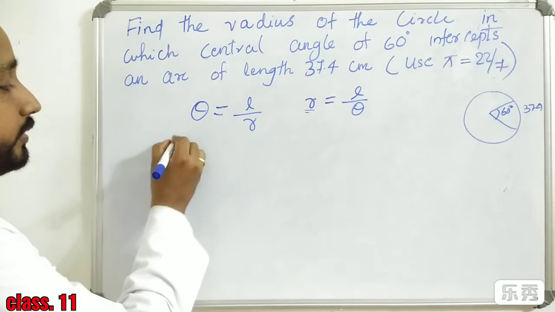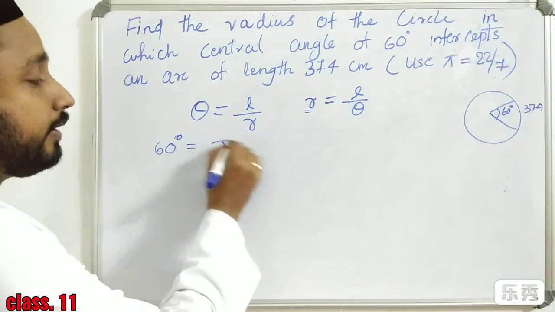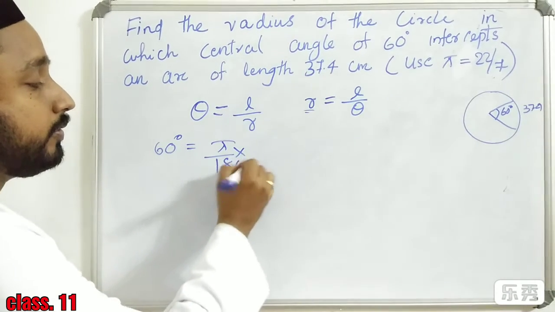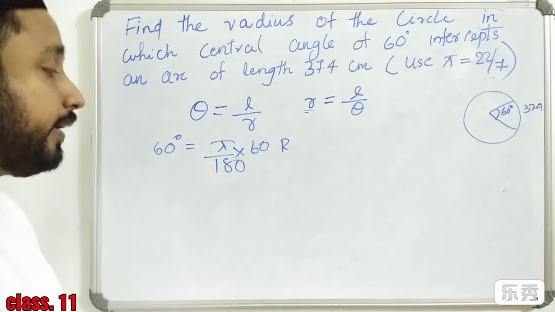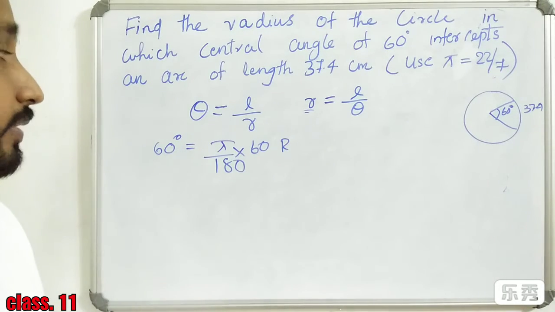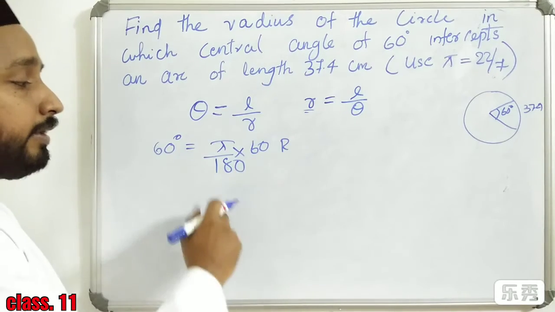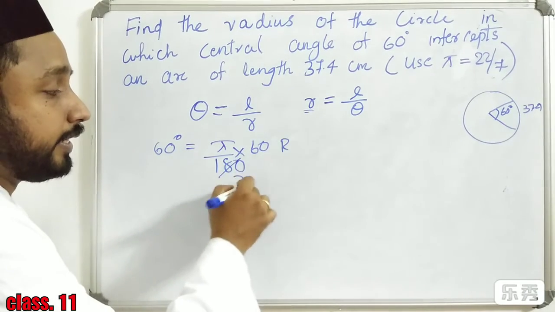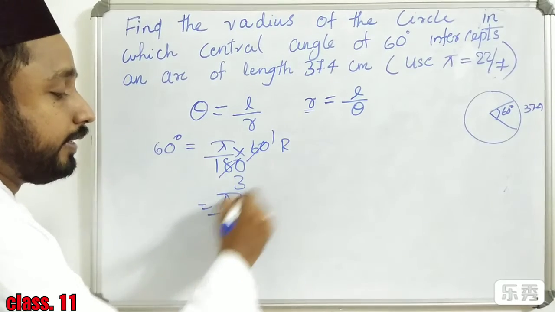We have already studied that 60 degree means pi by 180 into 60 radian. When we cut this, we got 3, 1, which is equal to pi by 3 radian.